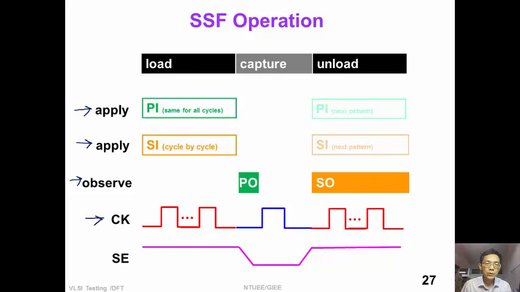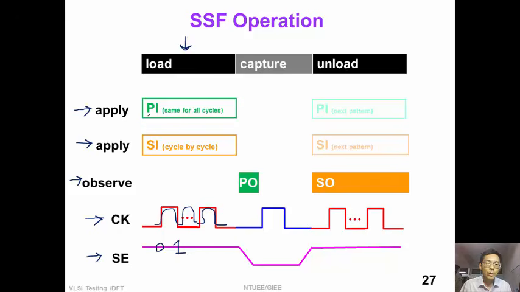The fourth row shows the clock waveform, and the last row shows the scan-enable waveform. In the first column, we load the scan chain by several clock pulses. At this time, scan-enable is held to constant 1.